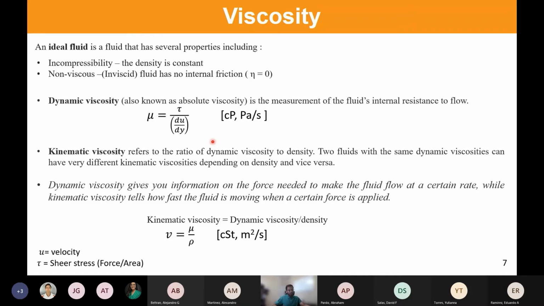That's what your dynamic viscosity is telling you. And your kinematic viscosity is telling you how far it can move per second, and it doesn't really care about the force for this equation. So it's telling you its diffusion rate, in other words. All right. Any questions so far?